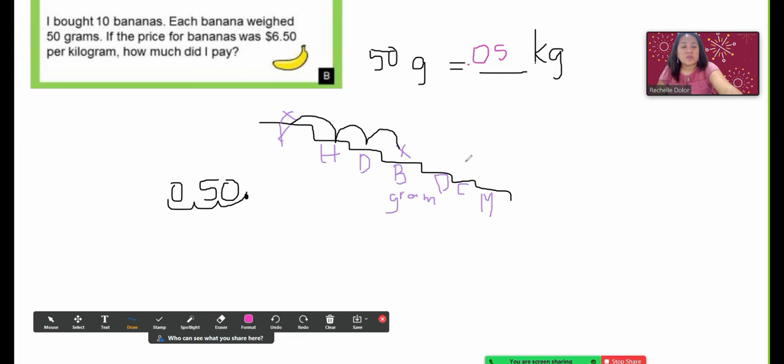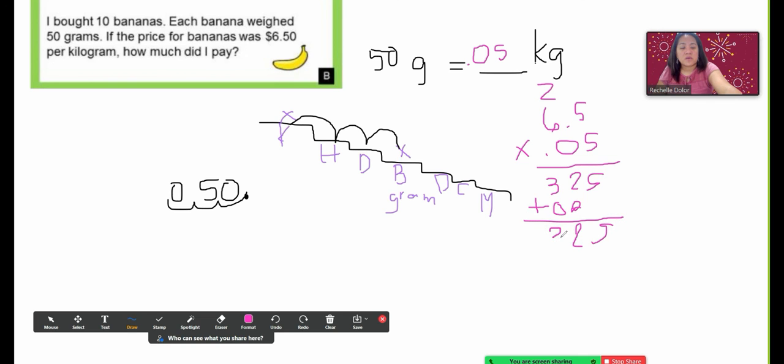So it's really a matter of multiplying 6.5 times 0.05. So how much does this cost? So I have 5, 25, 30, 32, 0, and 0. 5, 2, and 3. 1, 2, and 3.